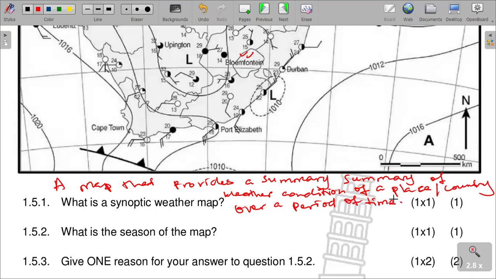That's what we call a synoptic weather map.